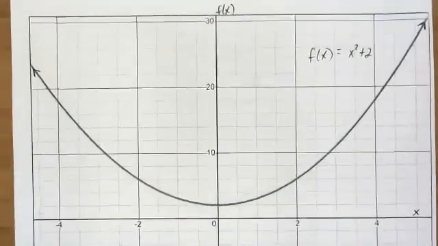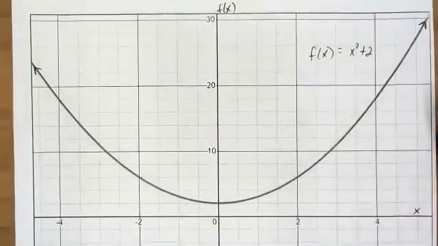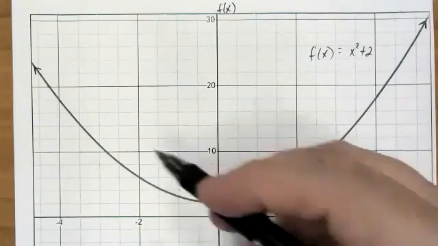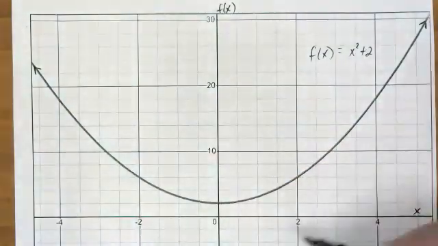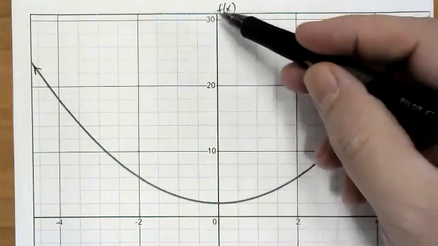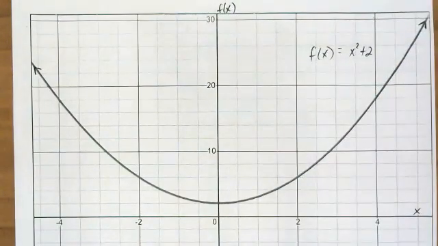I'm going to write some of these questions down because I want you to get an understanding of how the language is going to change when we start looking at graphs of functions. Because in calculus, 90% of the time, we're talking about graphs of functions. We're not talking about graphs where y is your vertical axis.